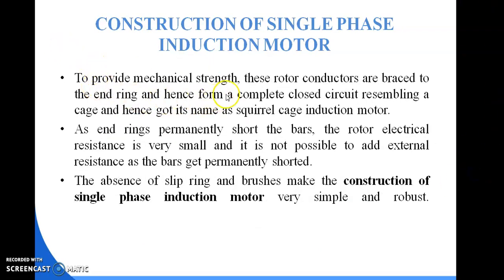To provide mechanical strength, these rotor conductors are pressed to the end rings and hence form a complete closed circuit resembling a cage, and hence it got its name, the squirrel cage induction motor.